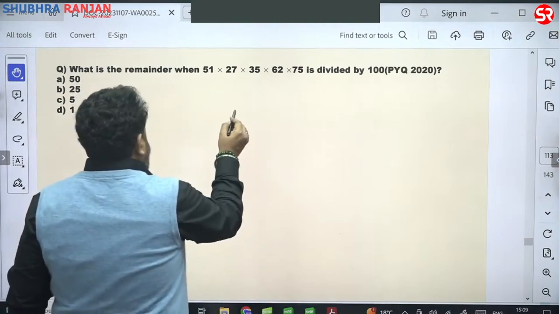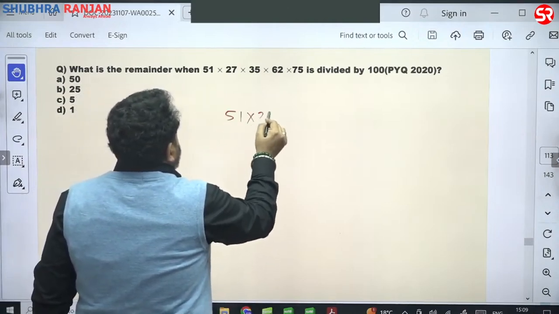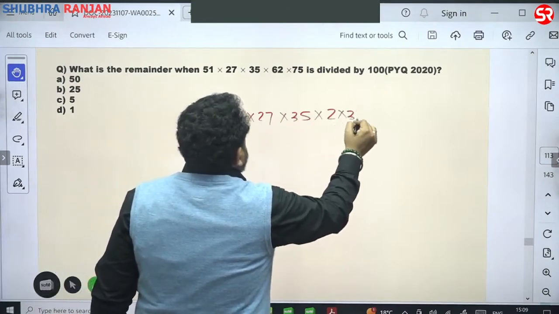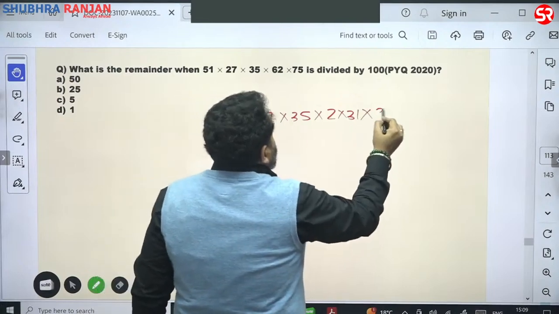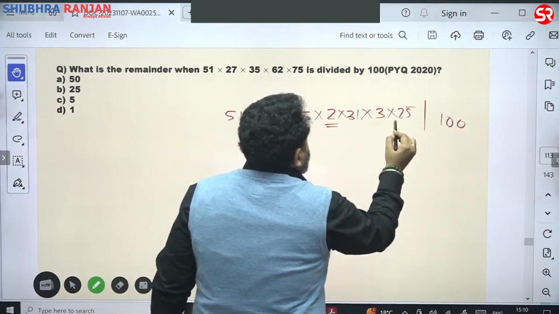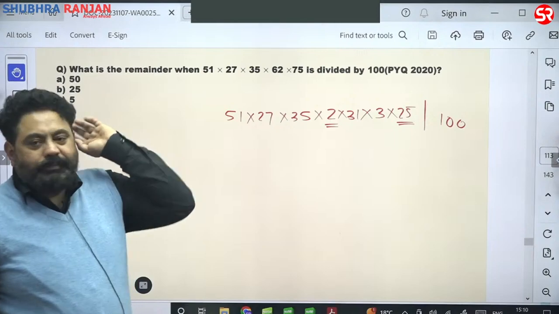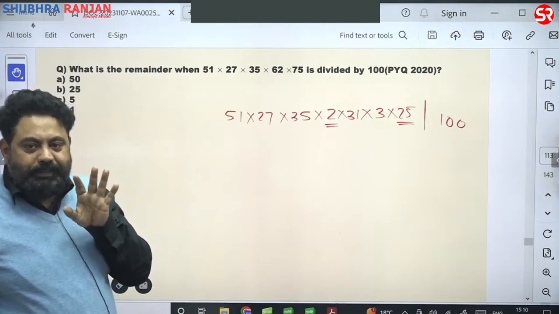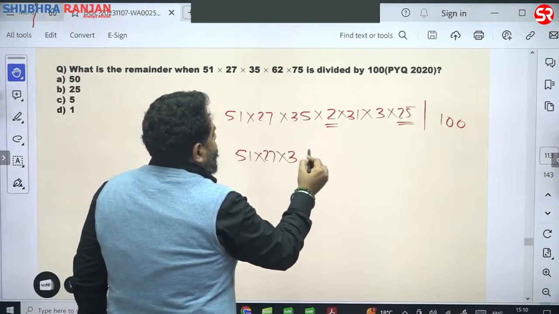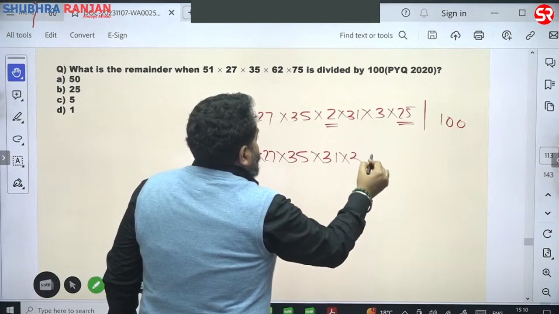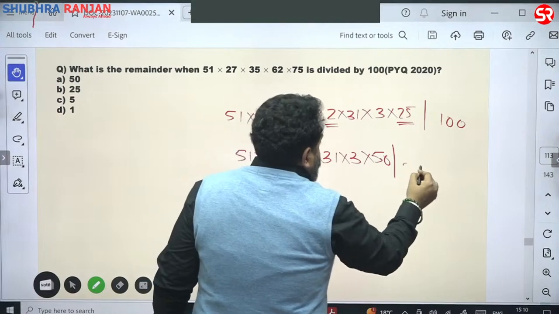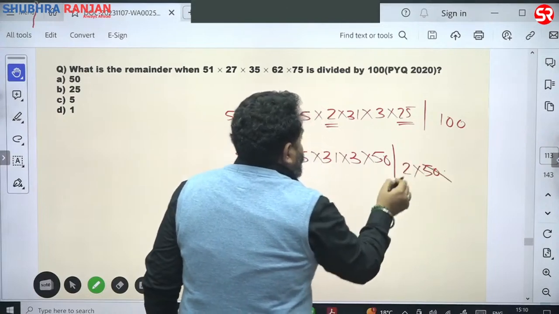This is 51, 27, 35, 62 is 2 into 31, 75 is 3 into 25, divided by 100. 2 into 25 is what? 50. So I can write 51 into 27 into 35 into 31 into 3 into 50, divided by 2 into 50. 50 cancels up and down.